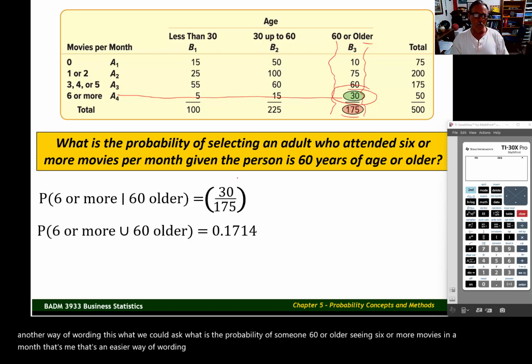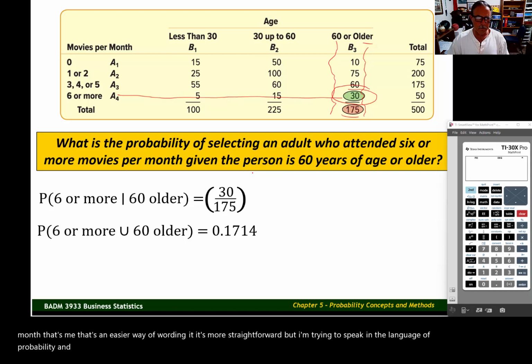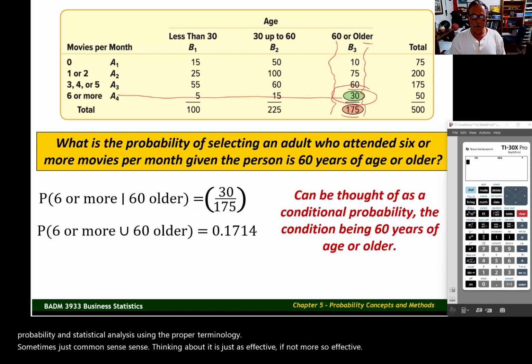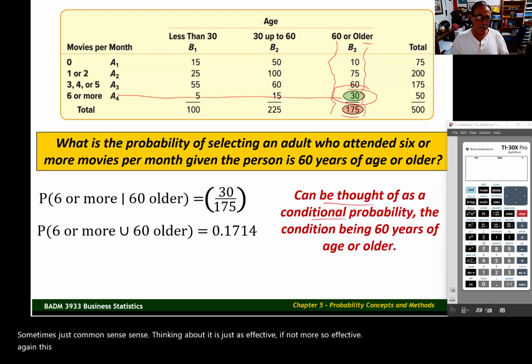It's more straightforward, but I'm trying to speak in the language of probability and statistical analysis using the proper terminology. Sometimes just common sense thinking about it is just as effective, if not more so. Again, this is an exercise in conditional probability with the condition being 60 years of age or older.